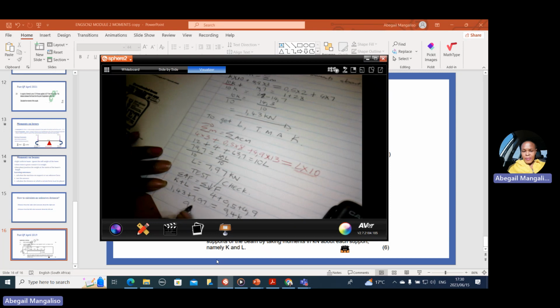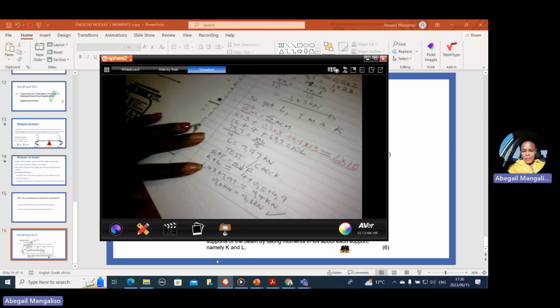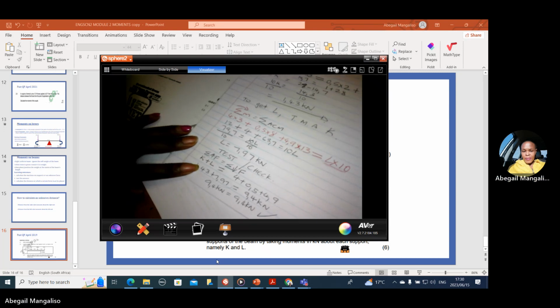So 9,4 kilonewtons is equal to 9,4 kilonewtons. It means the calculations are correct because the downward forces are equal to the upward forces. It satisfies all the conditions of equilibrium. Thank you.